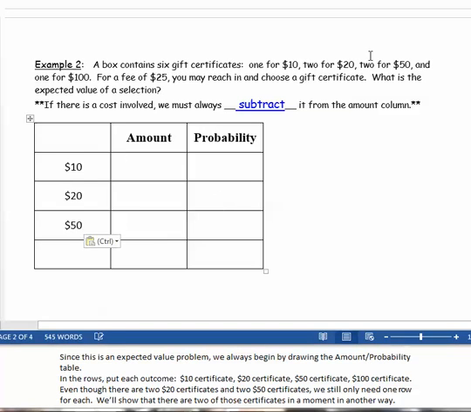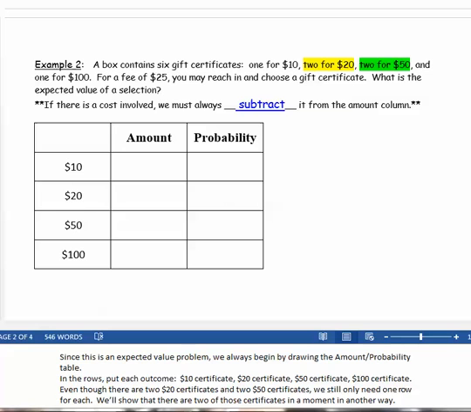Even though there are two $20 certificates and two $50 certificates, we only need one row for each. We'll show that there are two of those certificates in a moment in another way.